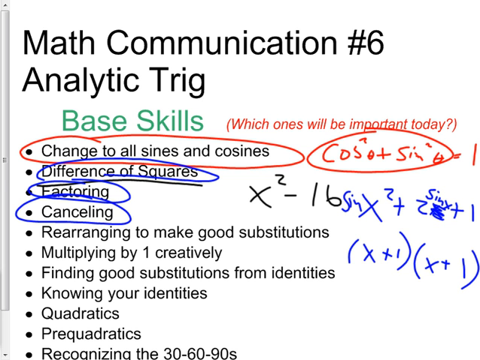Canceling's pretty obvious. A lot of times you're doing canceling that maybe isn't so obvious. Sine of x times cosecant of x. Normally you think of something on the top and something on the bottom canceling, but why do these two cancel? Because they're reciprocals. Cosecant's really 1 over sine x, so what do they cancel to? 1.